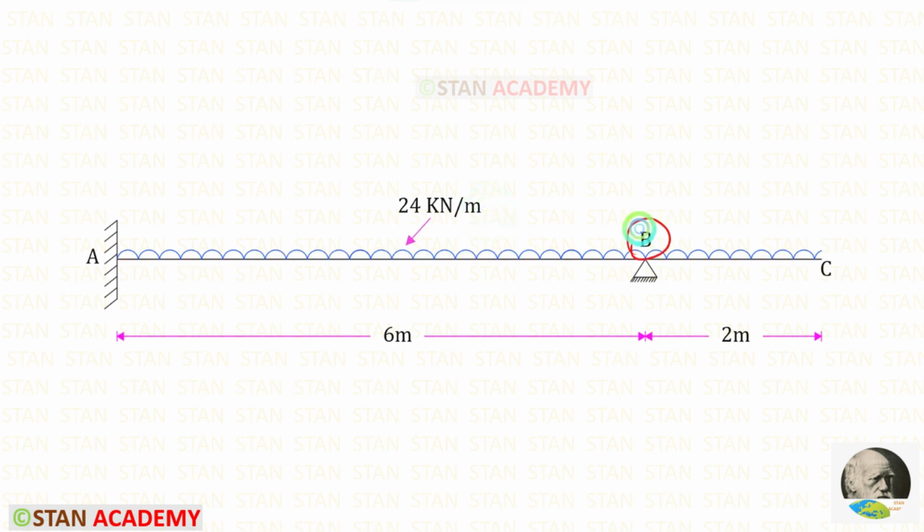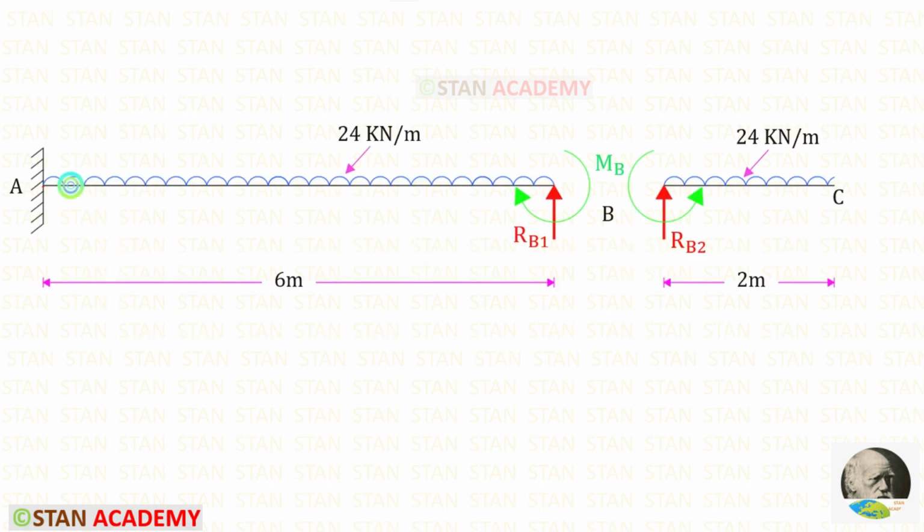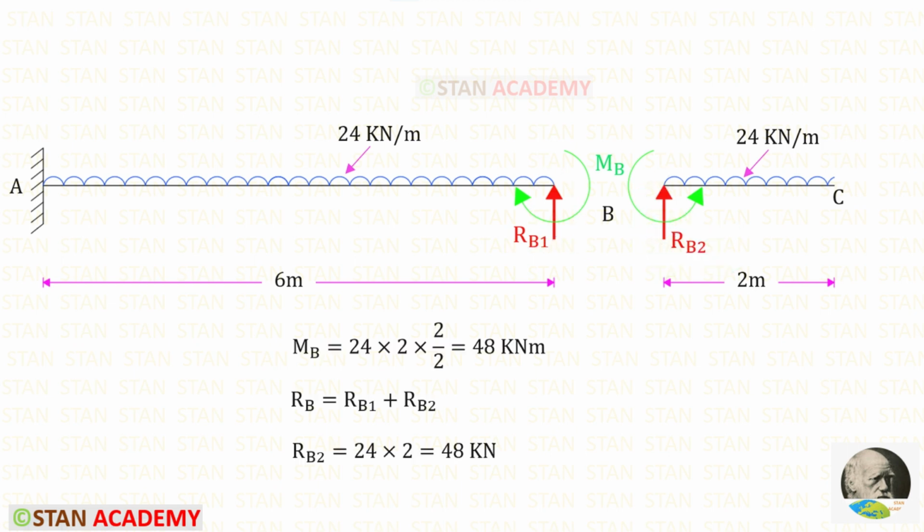From the point B, let us split the beam into two parts, AB and BC. So in the point B, there will be two reactions, RB1 and RB2. To find the moment MB, we have to multiply the uniformly distributed load 24 with the distance and then with the distance by 2.